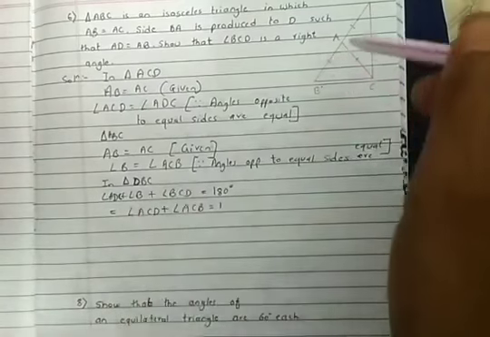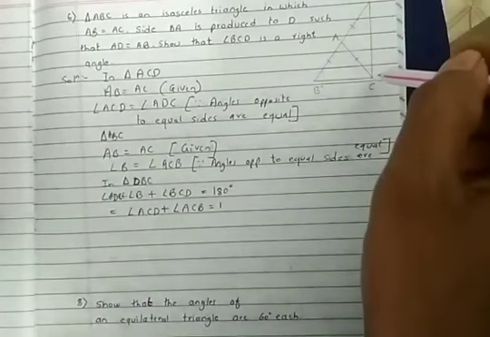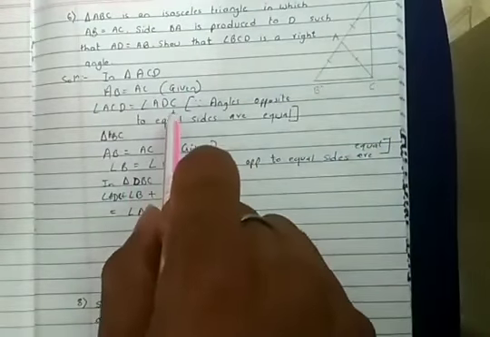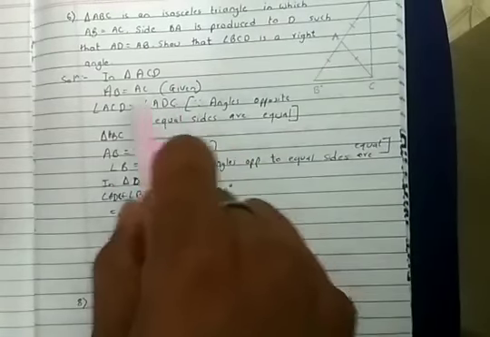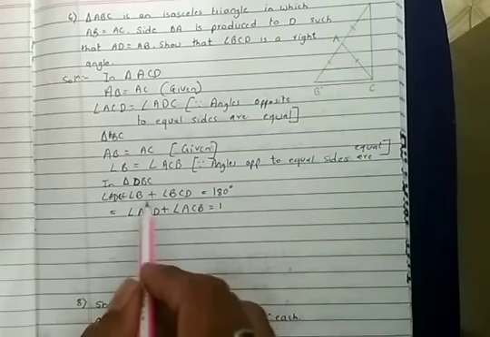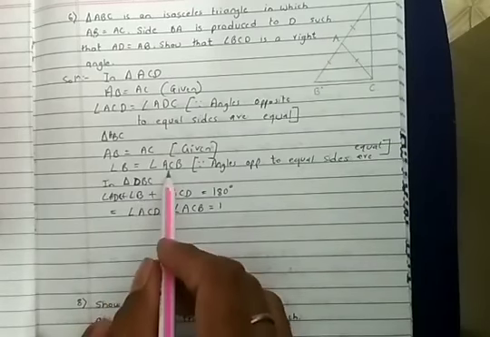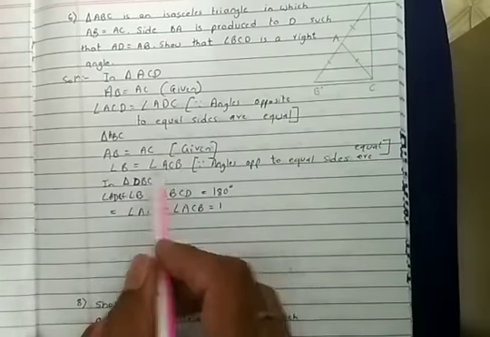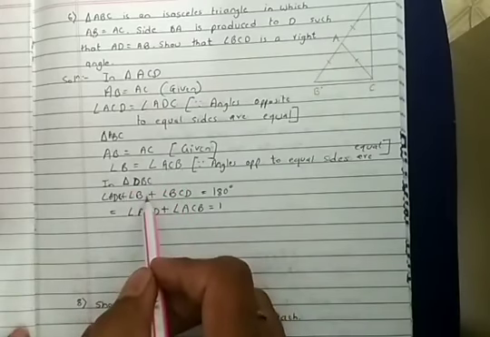Now instead of angle ADC, we can write ACD since they both are equal, right? So we will replace ADC by ACD. Angle B can be replaced by angle ACB since they both are equal, right?